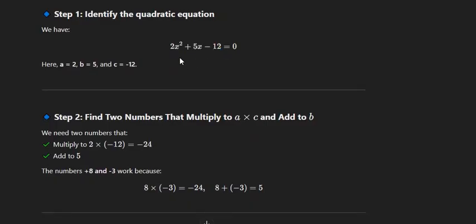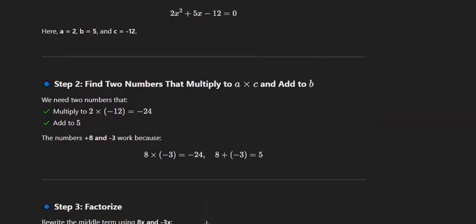Now when C is negative, again remember that the center term or x term is plus. It means you will take two factors whose bigger factor will be positive and the smaller factor is negative. That is, you have to actually subtract. We will say add.